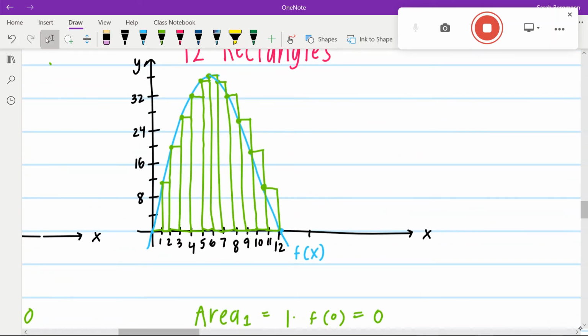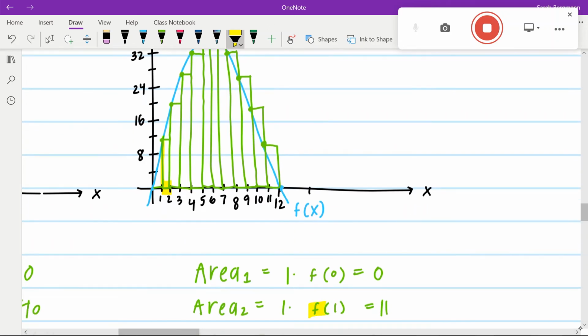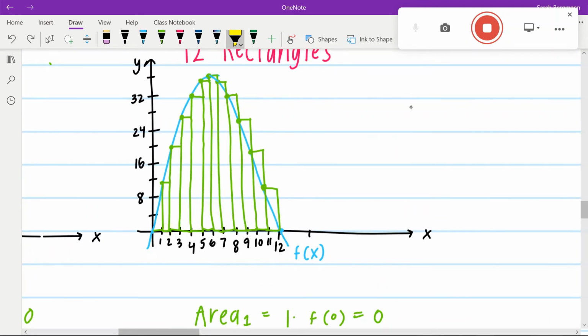Similarly, for 12 rectangles, I'm using the left endpoints to find the height. The first rectangle isn't really a rectangle at all. For the second rectangle, I use the height found by plugging 1 into the function. So that's f of 1. The third section is from 2 to 3.